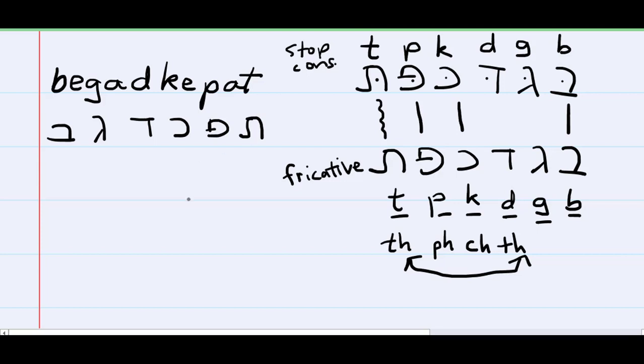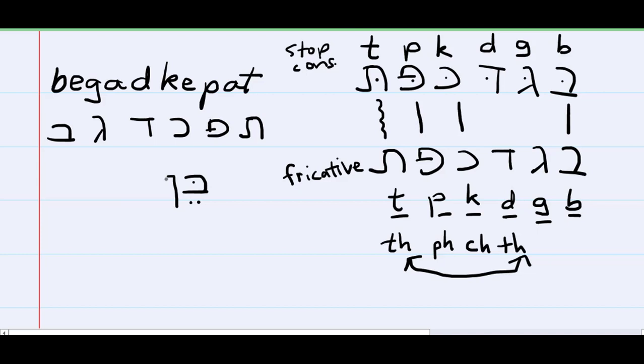Just to walk you through a few examples of how we might transliterate some of these. If I take this word in Hebrew, this is the word for son, and it's pronounced ben. Ben. Notice the bet has a dagesh in it, and that means it's the hard B, the stop consonant B sound.